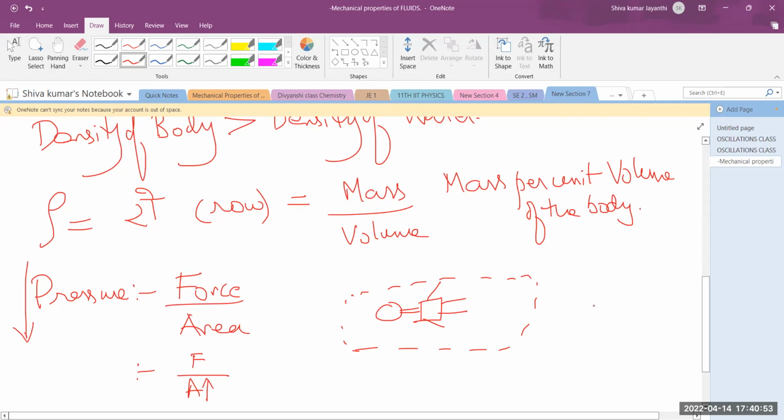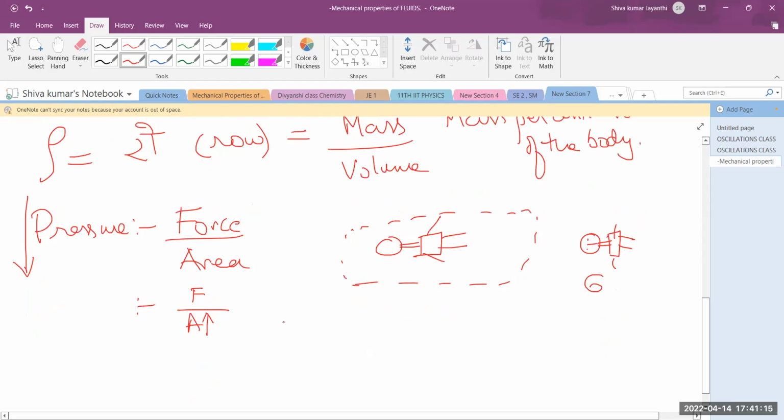But if you curl yourself up like this, like the alphabet 6, then what happens? Your area is reduced, you will experience a higher pressure.